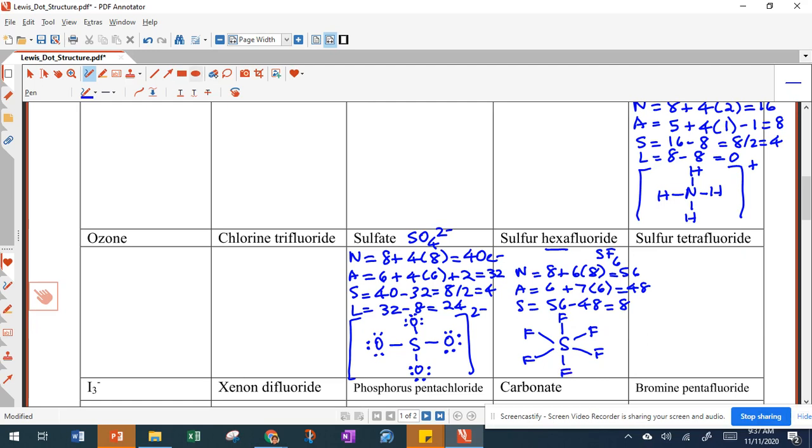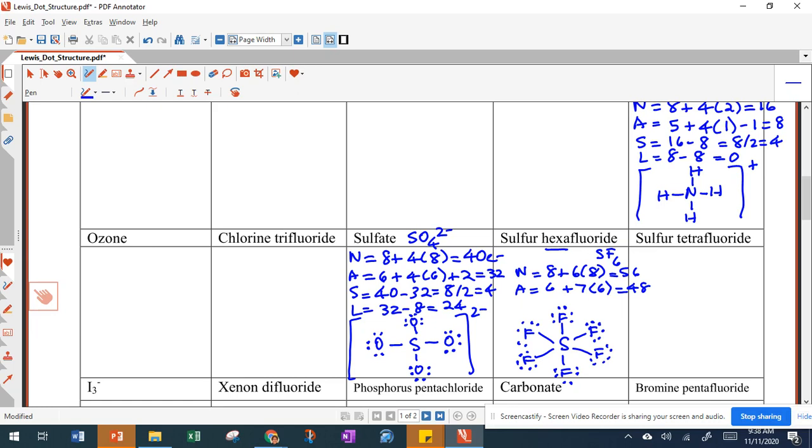And then I'm going to erase this part here so I have more room. I'm going to put 6 more electrons around each fluorine to make sure each fluorine has enough electrons. Now I want to calculate how many electrons I'm using and compare that to my available.